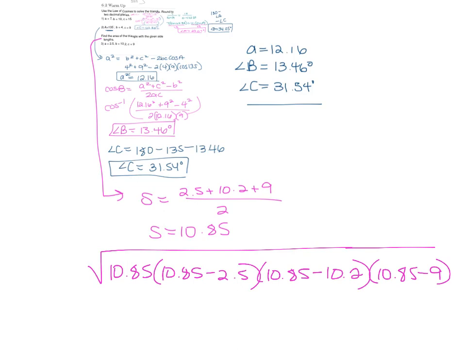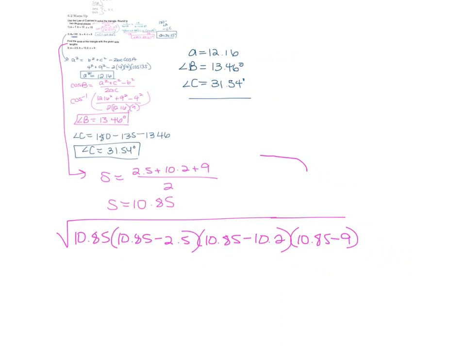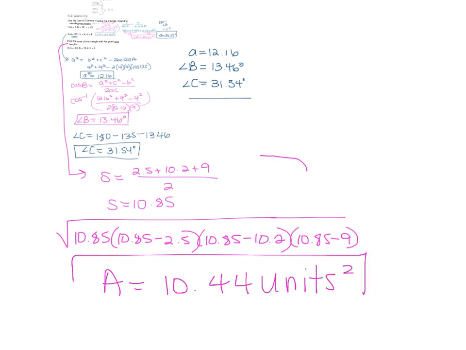You're going to want to give me S, so in case you do it wrong or you round it, I can give you partial credit. And you're going to want to give me what you typed in your calculator for the same reason. If you don't give me that information and you get that question wrong, it's an automatic loss of points, which should not happen. The answer is 10.44. It didn't say, but it'll probably be either nearest tenth or nearest hundredth. That's what it would be if it was nearest hundredth.